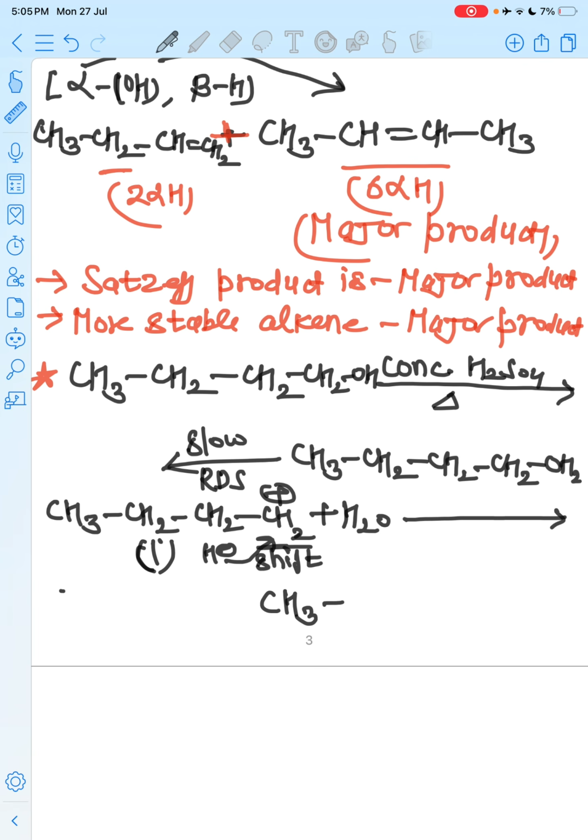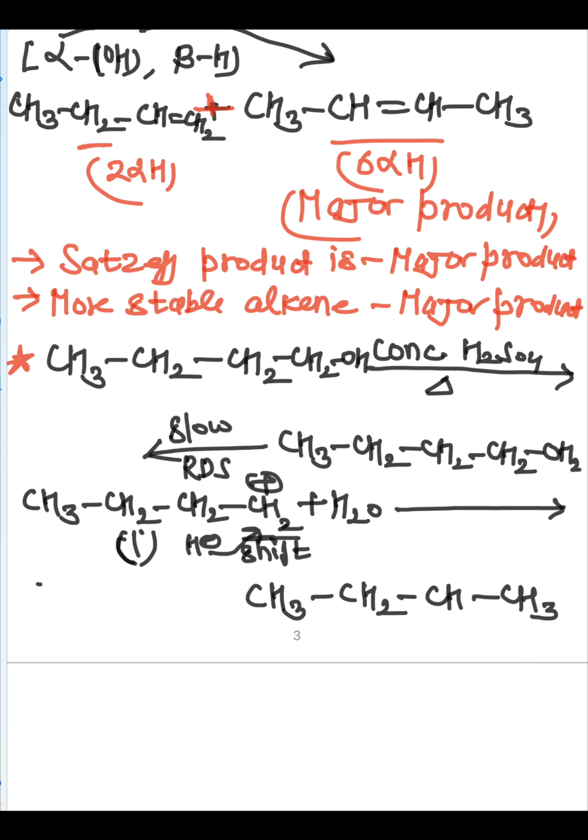H माइनस हाइड्राइड की शिफ्ट के बाद आपके पास होगा 2 डिग्री कार्बोकेटायन, और यहाँ पर आपके पास अल्फा एच भी ज़्यादा होंगे ऑब्वियसली. यहाँ पर आपके पास 2 अल्फा एच हैं, 5 alpha H. So stability is obviously increasing.